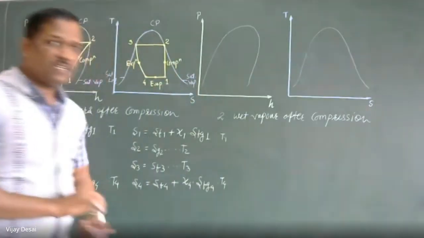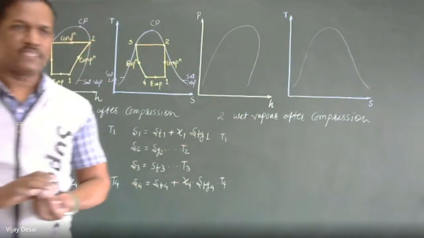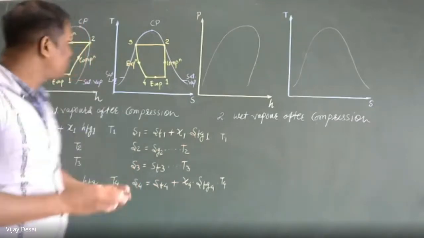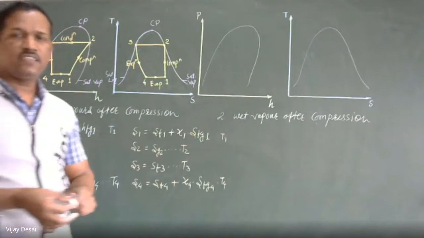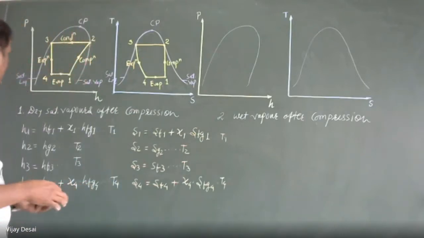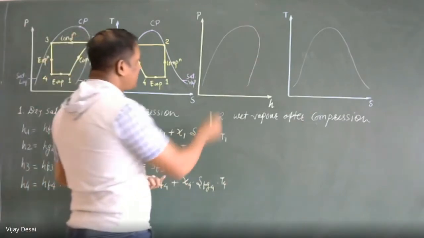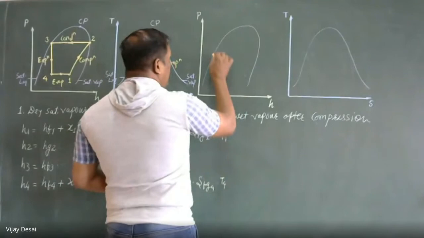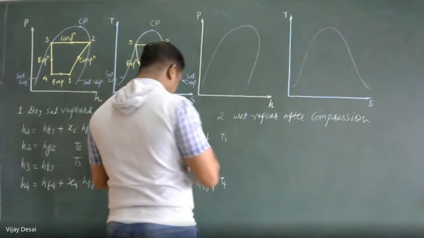So what happens if even though we compress our refrigerant, the compression does not reach the dry saturated condition, it will lie in the wet zone. So how to represent it on our pH and TS diagram? In this condition we know that on the pH diagram after compression our point 2 is not on the dry saturated point.